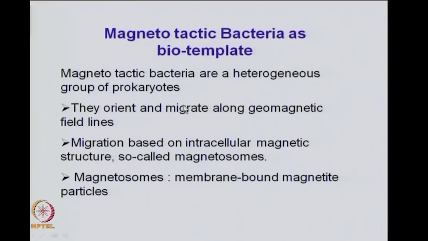In biology, this is a group of prokaryotes, and they are especially interesting since they orient and migrate along the Earth's magnetic fields, which are called the geomagnetic field lines. That means the bacteria can find out where the Earth's north pole and south pole are. So, the bacteria can find out the magnetic lines of force of the Earth.